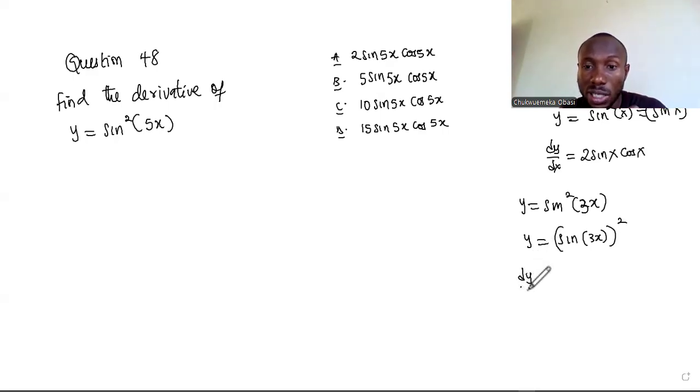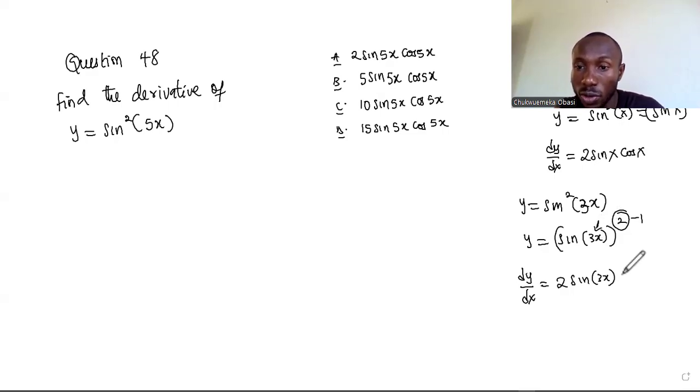So dy dx is going to be, of course, the 2 multiplying the base, so you have 2 sine 3x. Then you remove 1 from the 2, that is 1. Then the next thing is to differentiate the inner function, which is sine 3x. When you differentiate sine 3x, first you have to differentiate the inner function, which is 3x. That gives us times 3, then cos 3x.